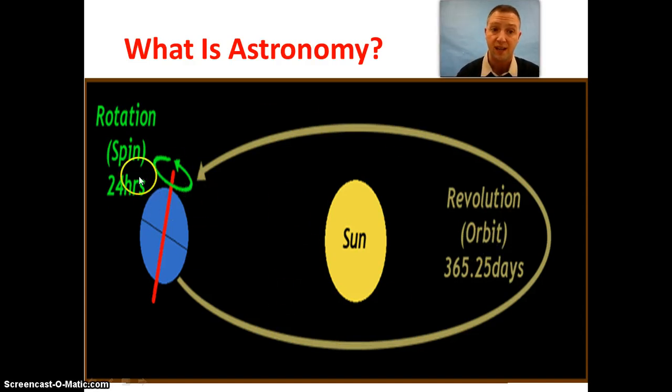Okay, so rotation is responsible for day and night. Revolution is responsible for our yearly cycle. And as you can see, the Earth isn't perfectly up and down. Okay, it's tilted slightly on its axis. So when we're in the northern hemisphere, tilted towards the sun, it's summer. Over here, we'd be tilted away from the sun, and it's winter, like it is right now.